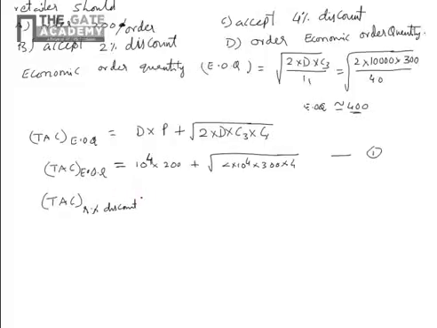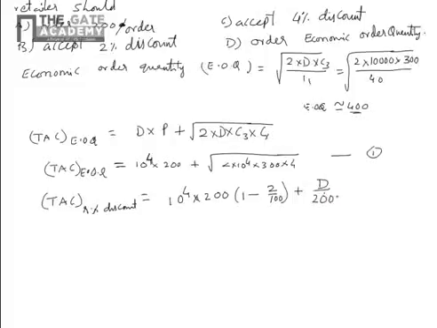Take Q 1000: 10 power 4 into 200, 1 minus 2 by 100, plus what is the ordering cost for D by Q. Q is 2000.